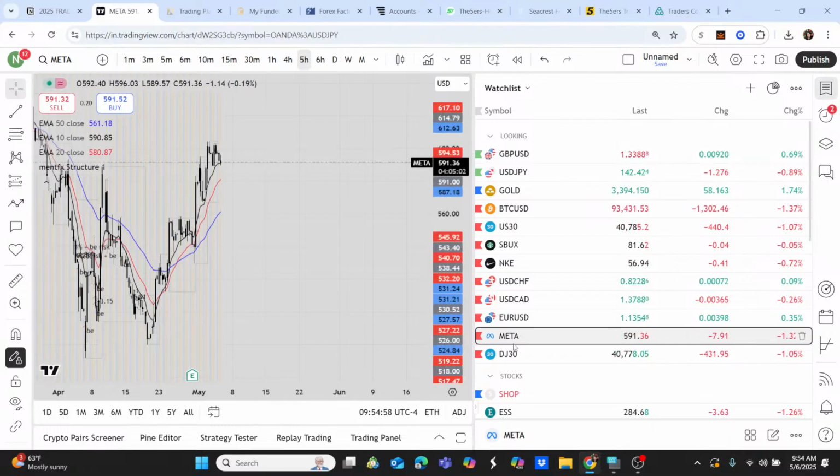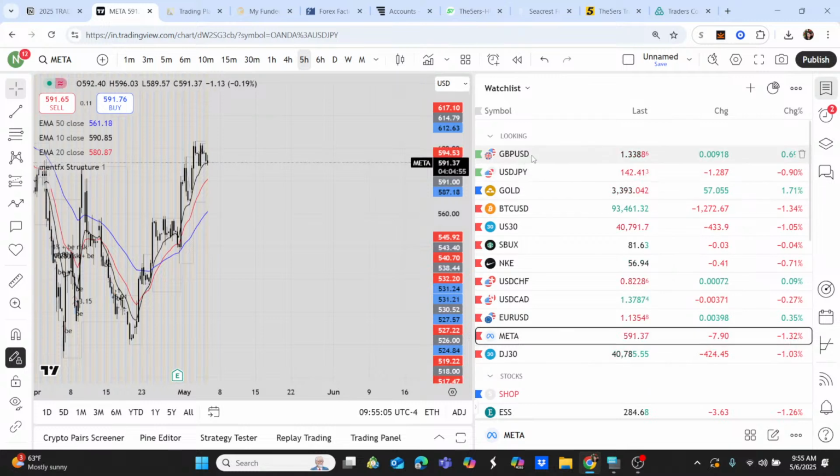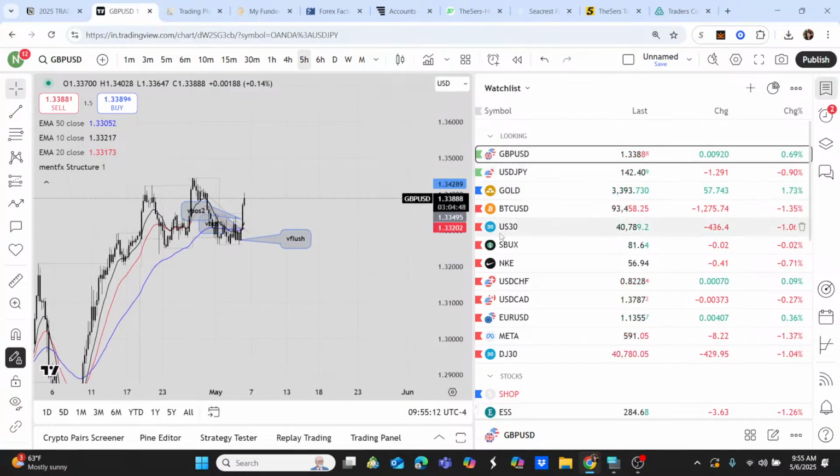Meta, nothing as of yet. So it's still just the clearest ones, USD JPY and GBP. Those are the only ones that look clear still.